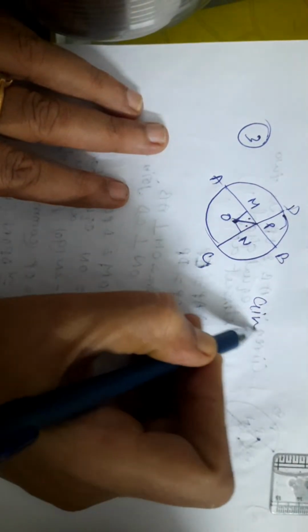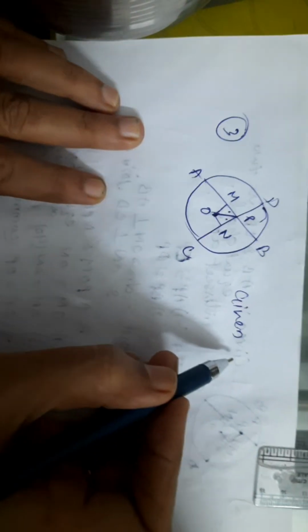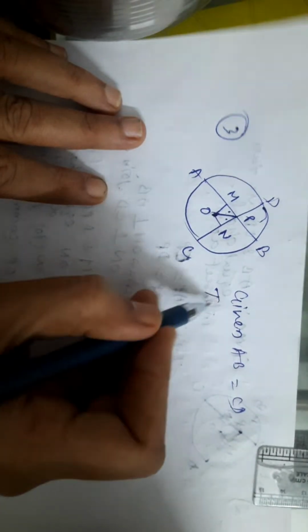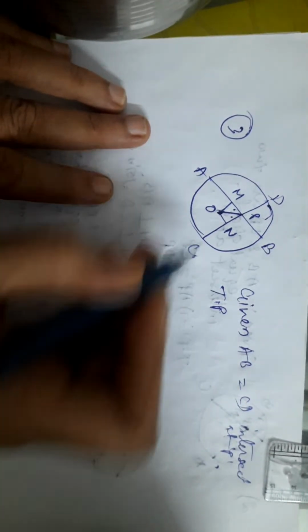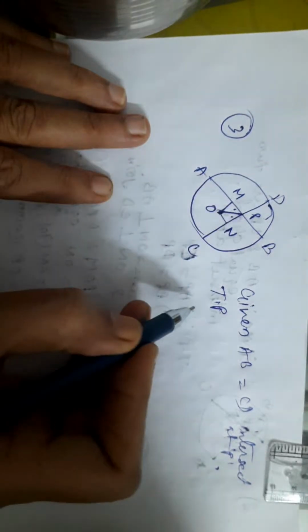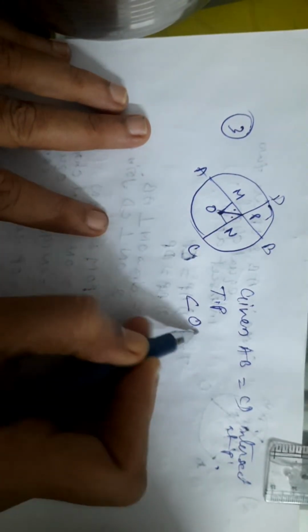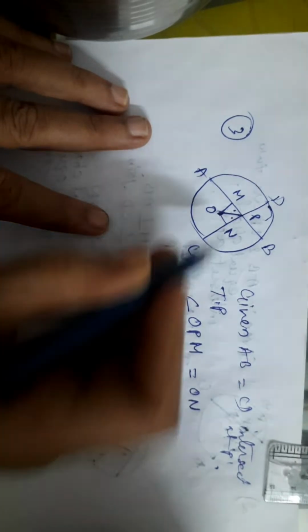Here it is given AB equal to CD, and they intersect at P. To prove, I'll write angle OPM is equal to angle OPN.